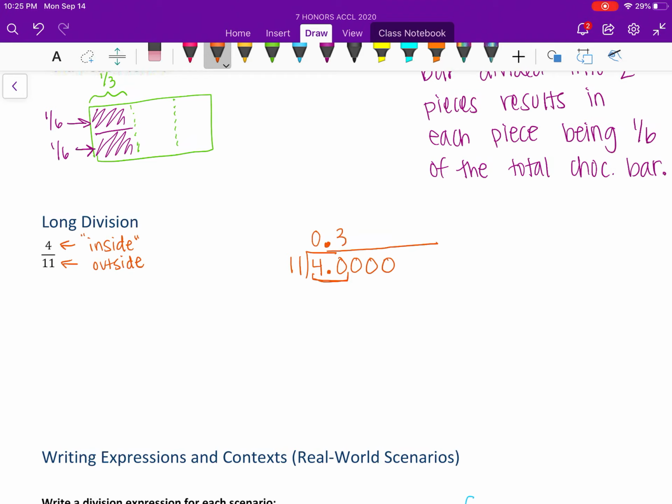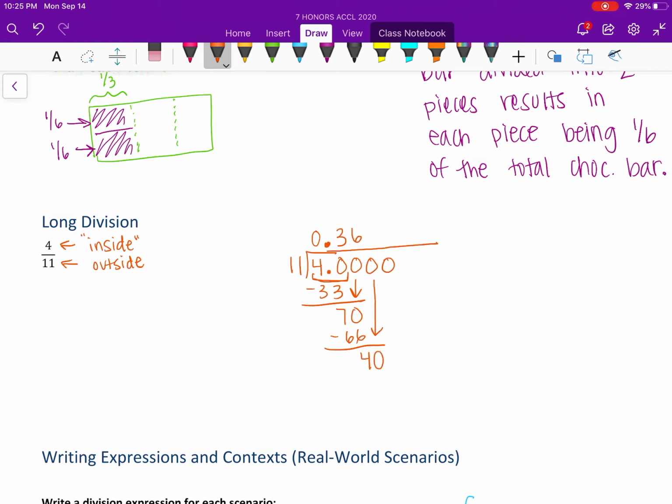Okay. How many times? Well, it goes into 40 3 times. 3 times 11 is 33. Go ahead and subtract that. I get 7. Bring down the 0. Well, 11 goes into 70 6 times, right? And we get 66 with 4 left over.